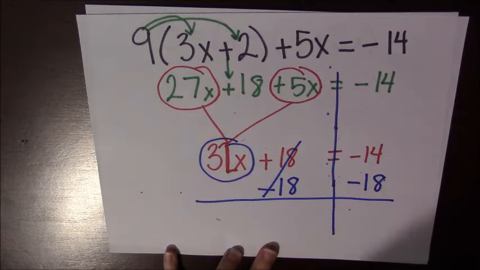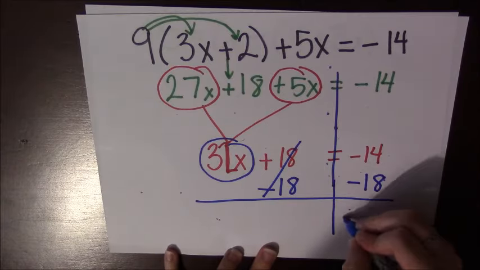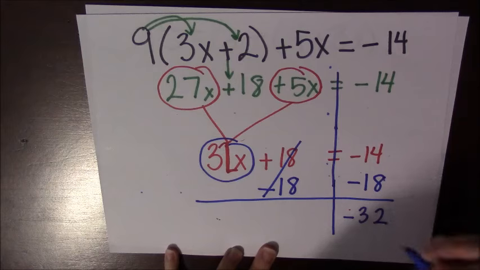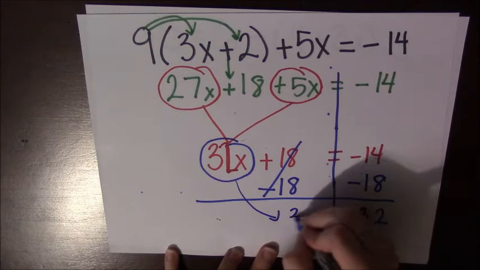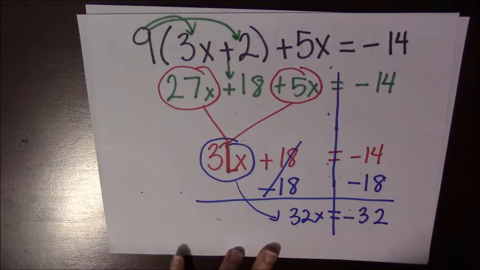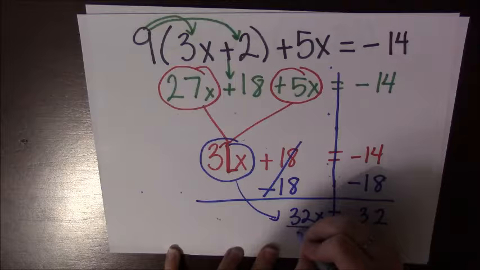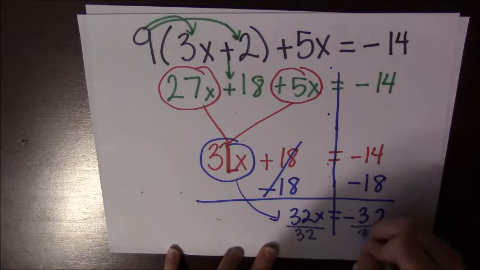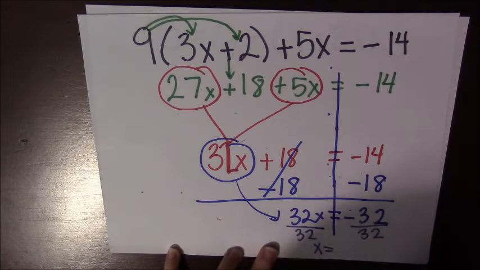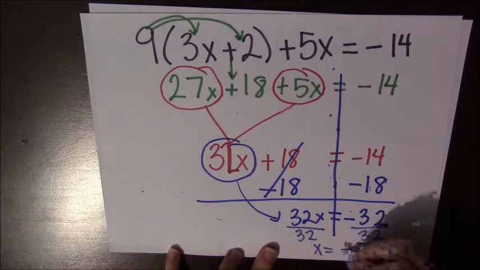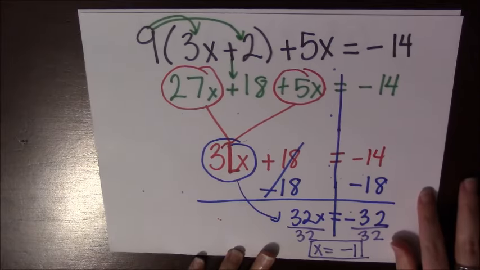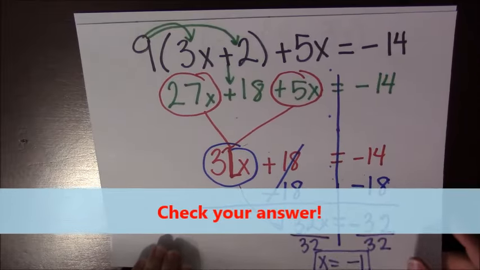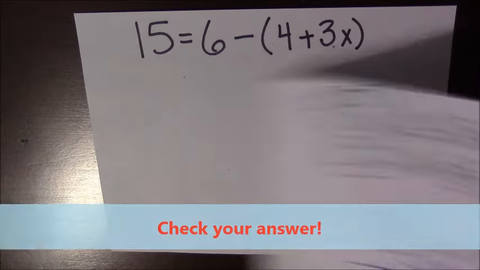So now I have negative 32 equals, bring down the 32x, and I divide both sides by 32. So x equals negative 32 divided by 32, which is negative 1. Go ahead and check your answer too.